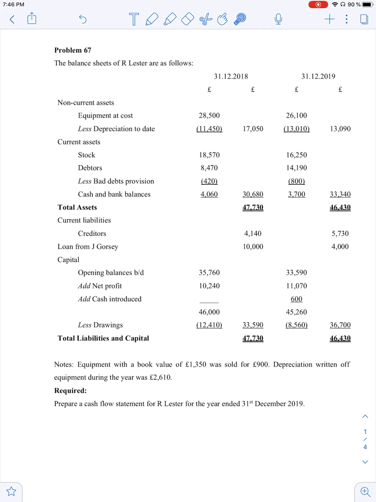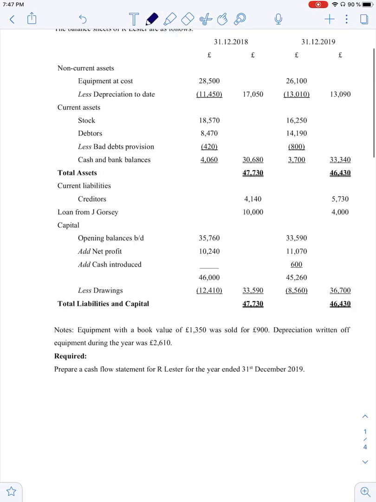If debtors decrease, that means that debtors repaid their liability to us and cash increased. But in that case, debtors increased. That means that we allow or lend more money to other businesses, and that eventually led to a decrease in cash. So an increase in current assets leads to a decrease in cash.